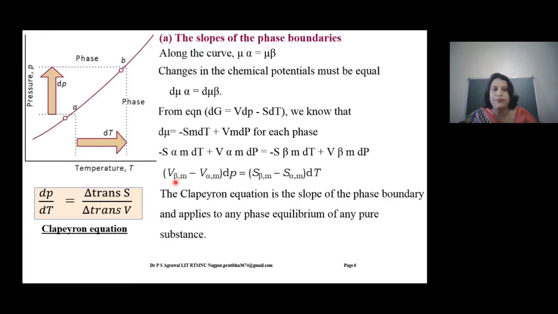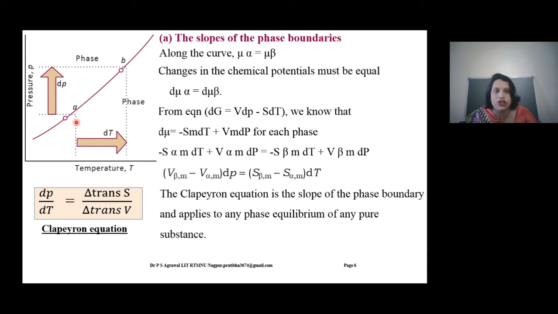Now, about the slope of the phase boundary. It turns out to be simplest to discuss the phase boundaries in terms of their slope. This is a P-T diagram, that's why its slope is dP by dT. The slope of this curve will be dP by dT. Let P and T be changed, but in such a way that the two phases alpha and beta remain in equilibrium.